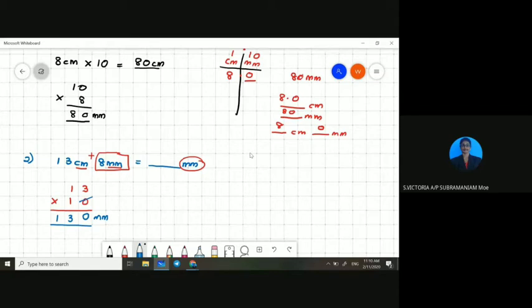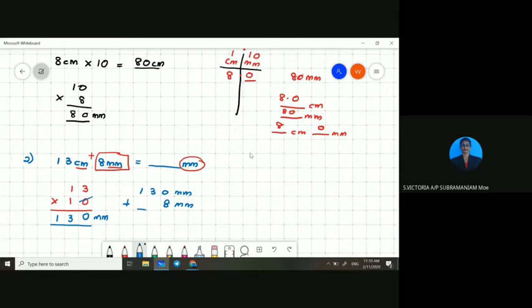13 centimeter and 8 millimeter. So what we should do next, with this 130 millimeter, we need to add this 8 millimeter. Make sure you write the numbers according to the place value.